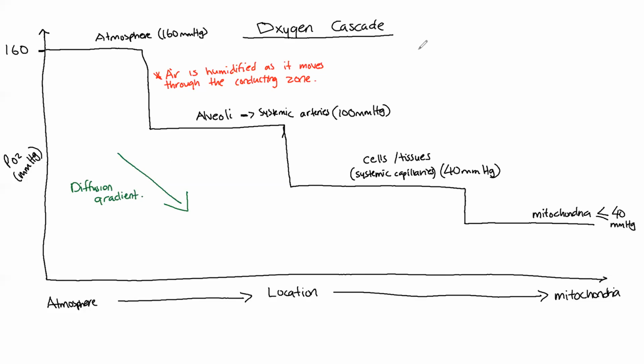Okay, and so we can add a bit of a note over here just to describe what this means. The partial pressure of oxygen gradient favors the movement of oxygen from the atmosphere all the way down to the mitochondria.